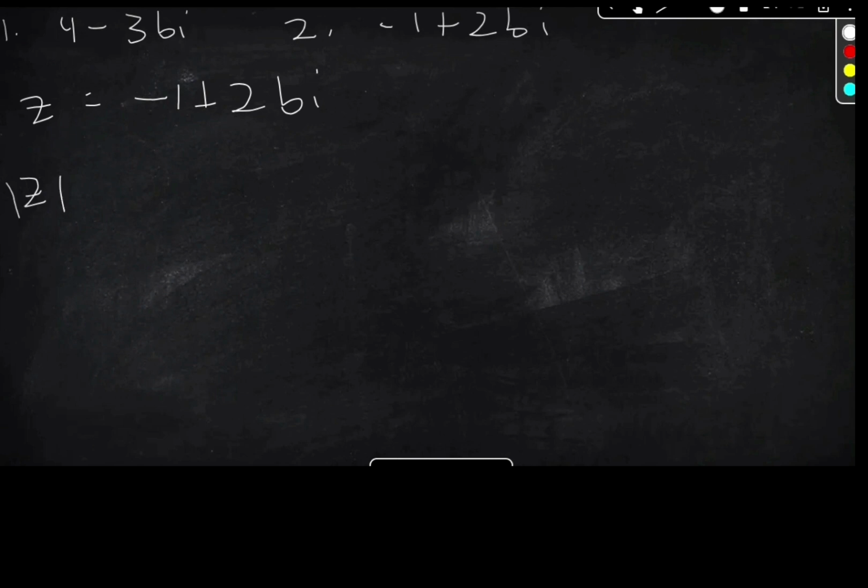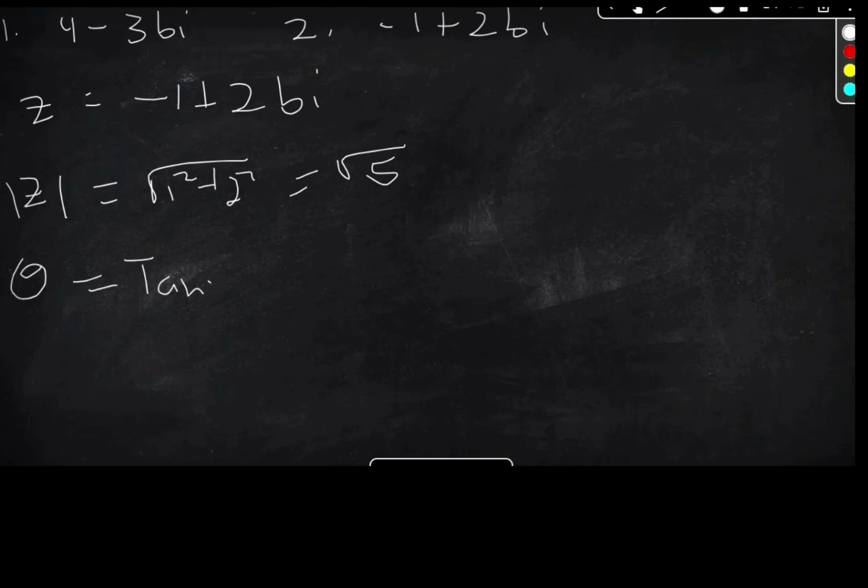The radius of z becomes the square root of 1 squared plus 2 squared, which is root of 5. Our angle becomes tan inverse of 2 over 1, which is tan inverse of 2.